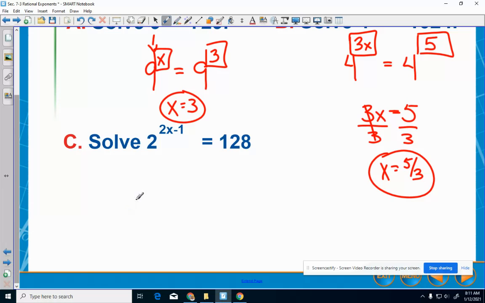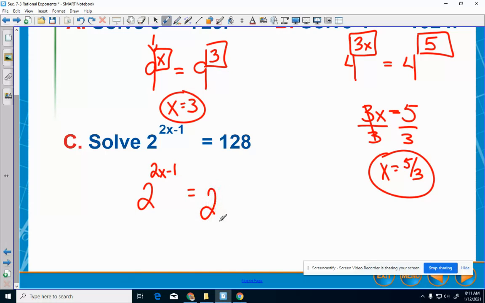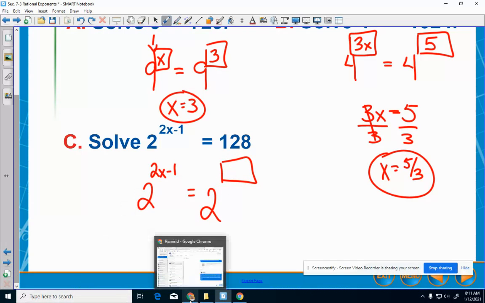So as we look at this last example, it has a base of 2 raised to the 2x minus 1. I'm looking for something that is equivalent to 128, but I have to use a base of 2. Why do I have to use a base of 2? Because the base on the left side is 2, so the base on the right side has to be 2. So 2 to what power is equal to 128?